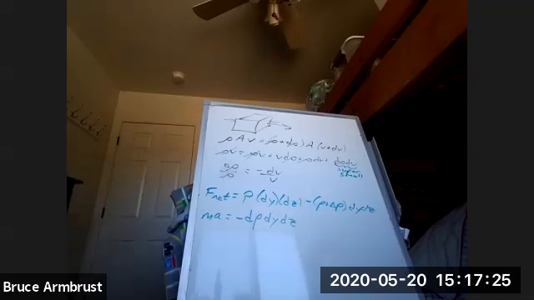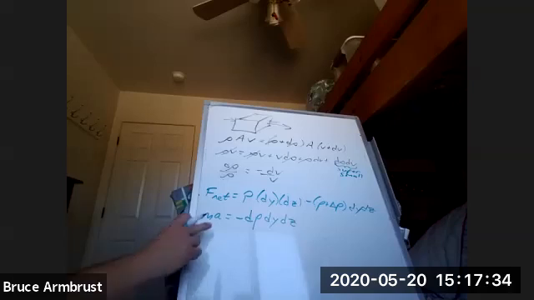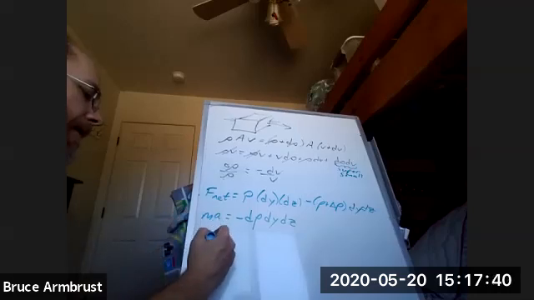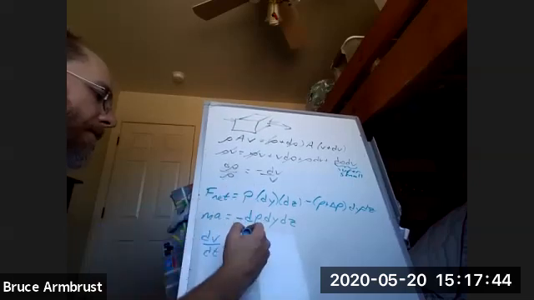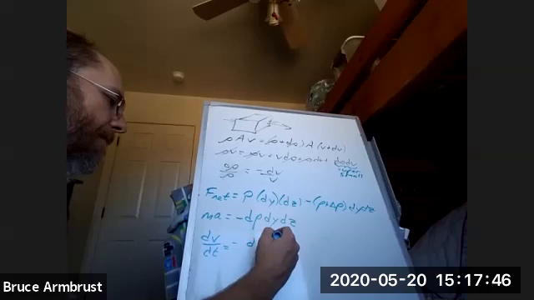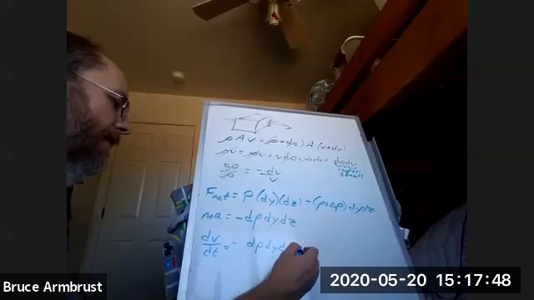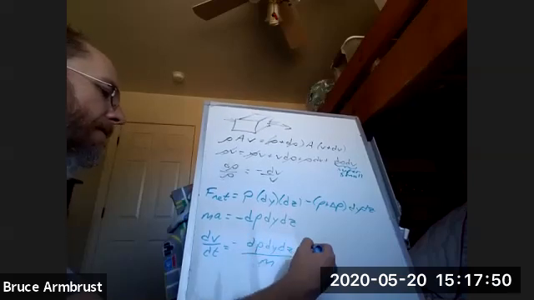All right, now what I'm going to do here is link these two together, because I know my acceleration is dv/dt. I'm going to divide by mass at the same time. So we get dv/dt equals minus dP dy dz over the mass.